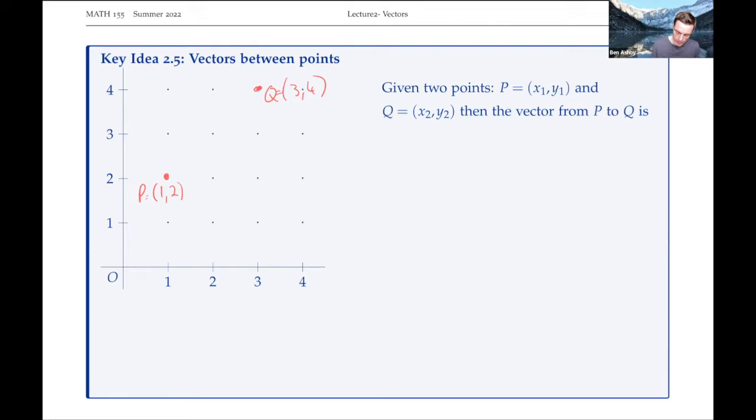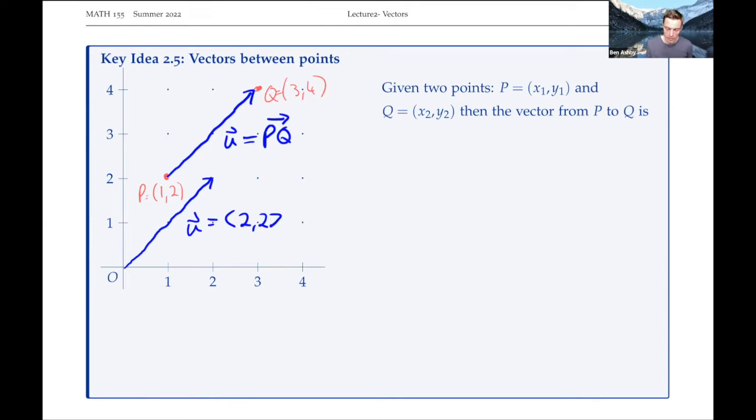And then there is some vector, I'll do it in a different color, some vector U describing the change from P to Q. So how do we work this out? Well, as above, we could just translate this down to the origin to work out what the change was. So if we translate U to the origin, then we'll be able to see here that U is equal to 2, 2.